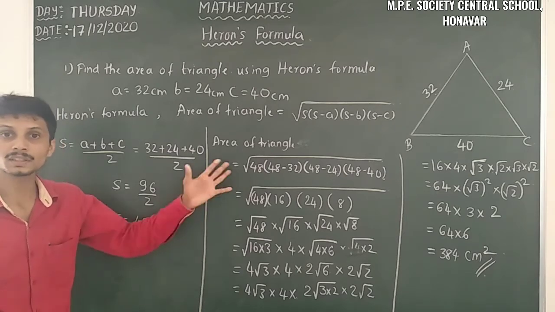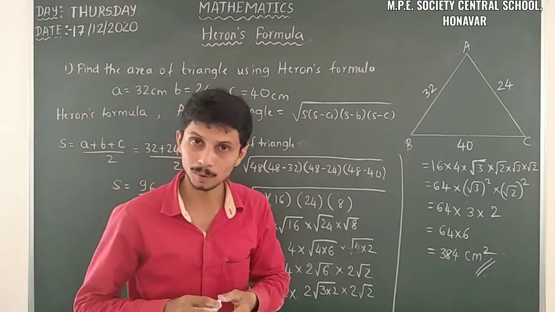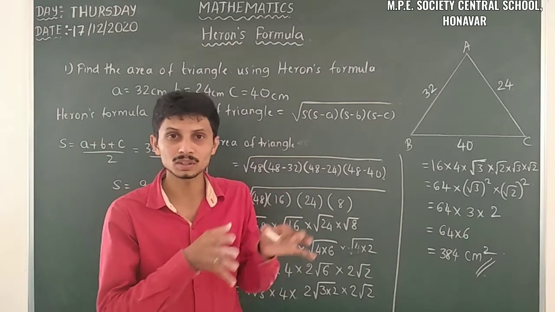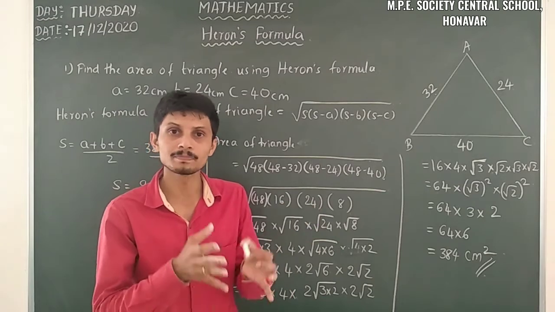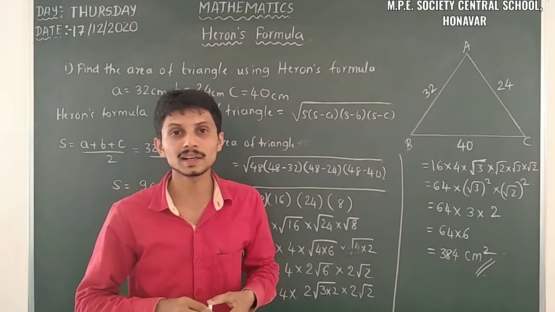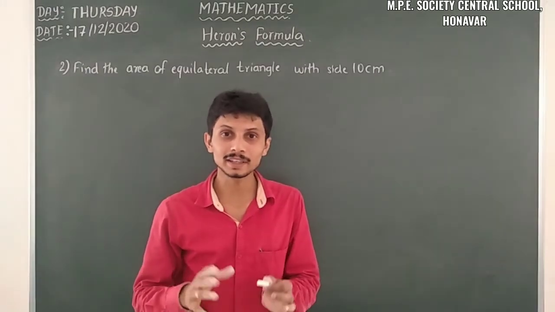Using those two things, we found the area of the triangle using Heron's formula. It is a very easy part. We just substitute these values in Heron's formula and we can get the area of the triangle. Yes, so let us move on to the next problem.